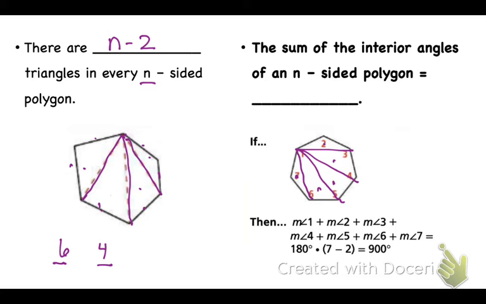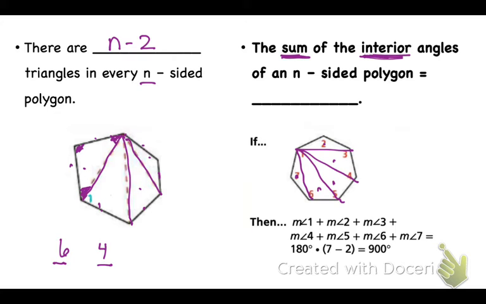Okay, so now I want the sum of the interior angles. So sum means add them all up, yes? Interior means inside? Yep. Okay. Well, I'm going to look back at my triangles here. If I have this triangle over here, I have this angle plus this angle plus this angle. What does it add up to be? 180. Okay.